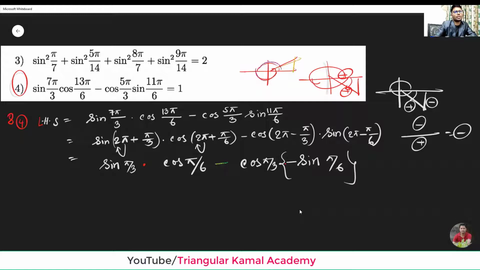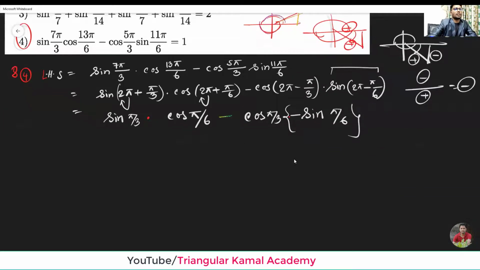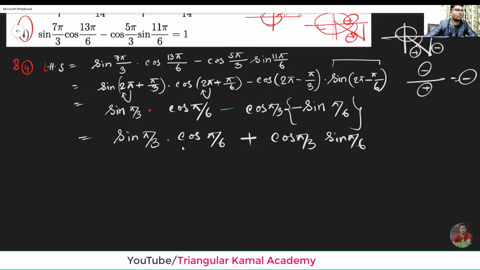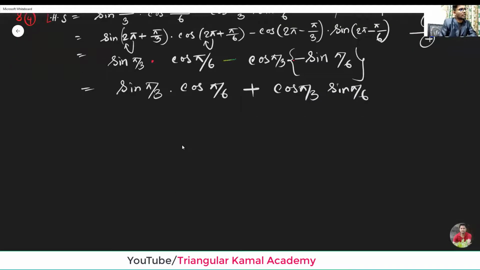In the fourth quadrant sine is negative. So now do the simplification: sine pi by 3 cos pi by 6 plus cos pi by 3 sine pi by 6, minus times minus is plus. Put their values and do the calculation.